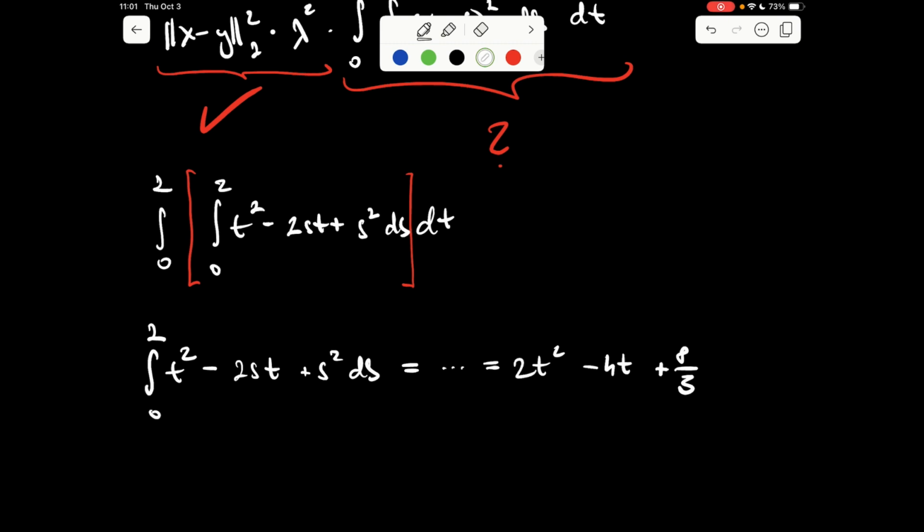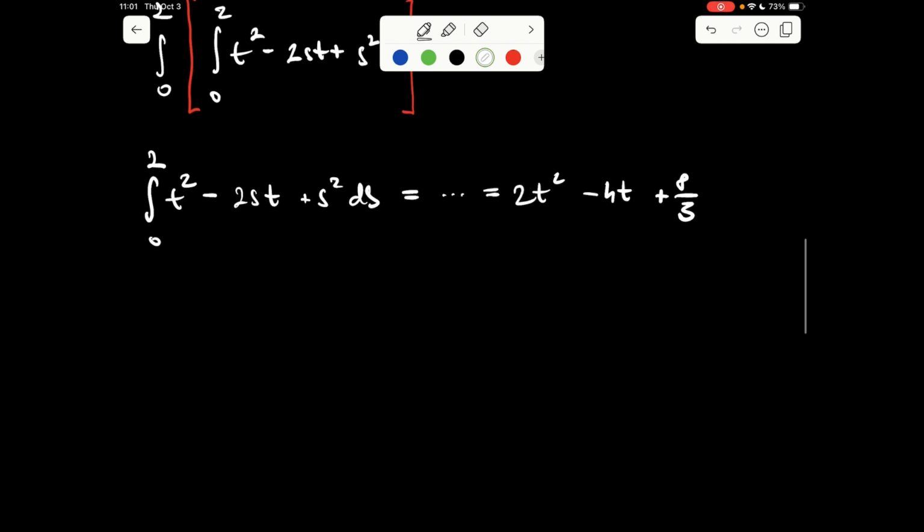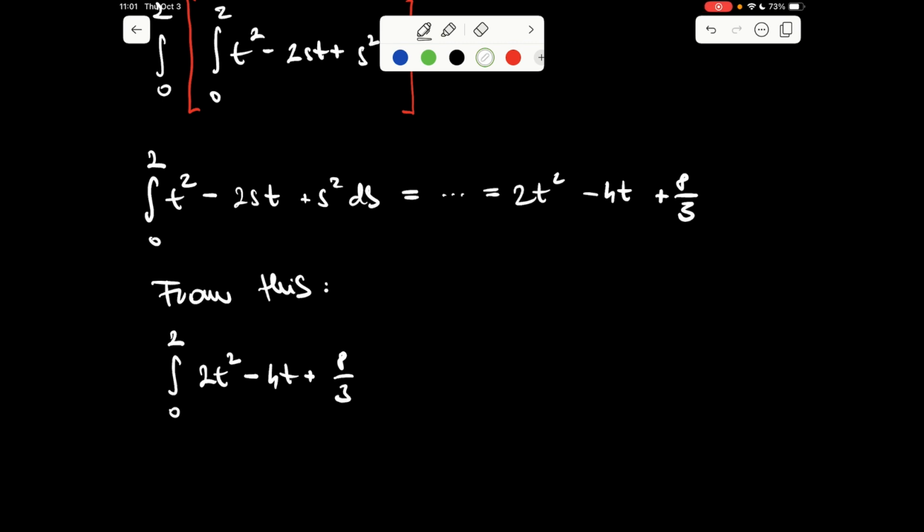Okay, you can do it by hand, so it's very nice. You can do this by hand, and from this we can turn back to the outside integral with respect to t. Okay, let's skip the steps.